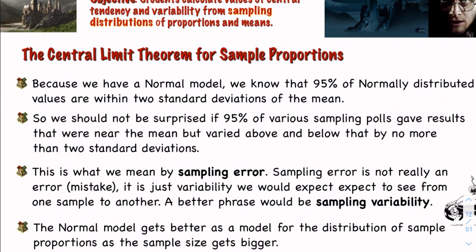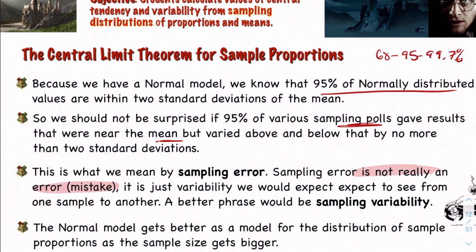And in fact, almost all of our data with enough trials will turn into this normal distribution, however skewed the data actually is. So because we have a normal model, we know that 95% of the normally distributed values are within 2 standard deviations. That's our 68, 95, 99.7% distribution. So we should not be surprised if 95% of the various sampling polls gave results that were near the mean, but varied above or below that by no more than 2 standard deviations. And this is what we mean by sampling error. If you've seen this term, sampling error is not really an error or a mistake.